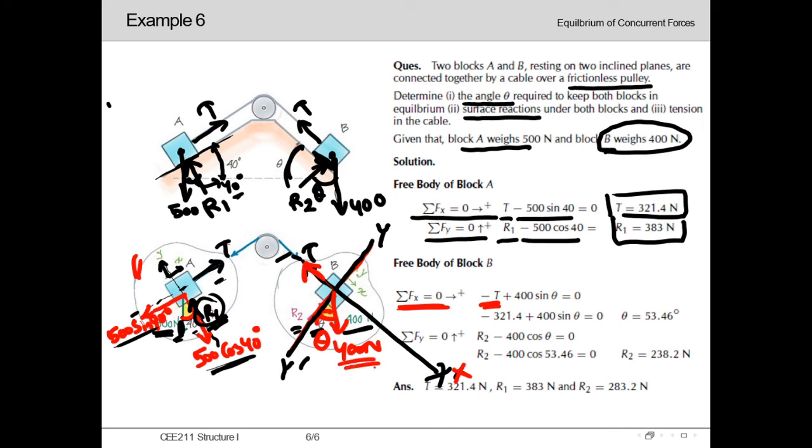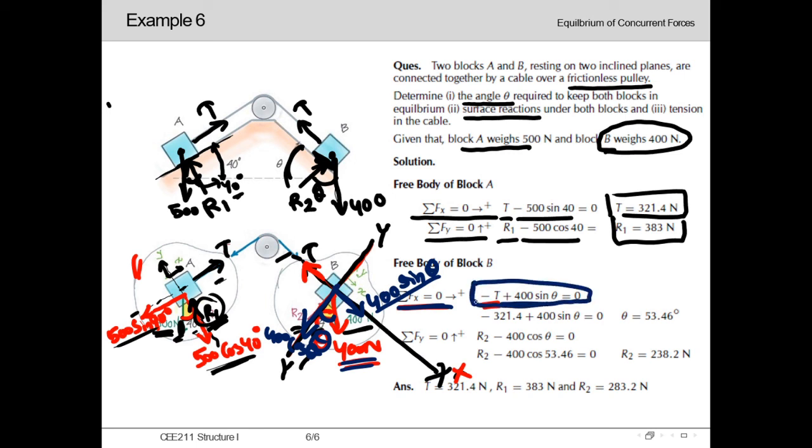So this 400 Newton will have two force components, one in x direction, one in y direction. The x directional force component is 400 sine theta, and the y directional force component is 400 cos theta. As we are considering summation of Fx equal to 0, 400 sine theta is acting in the positive direction of the x-axis, so it will be plus 400 sine theta.